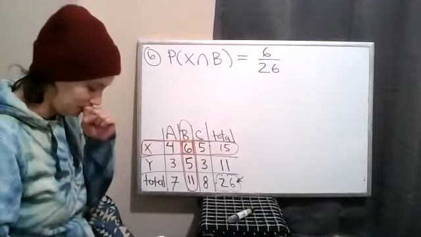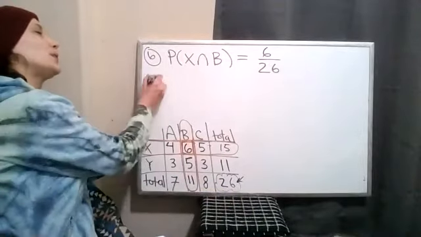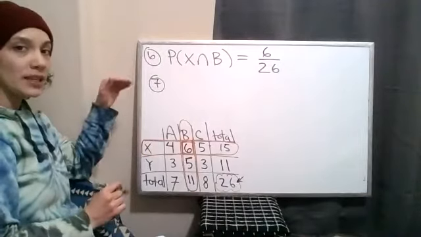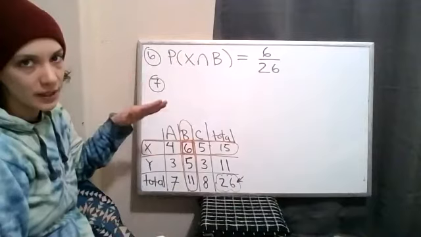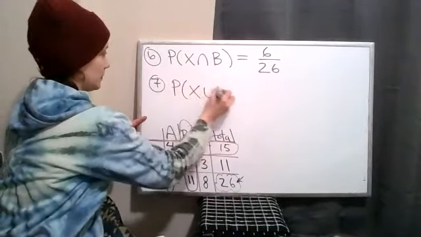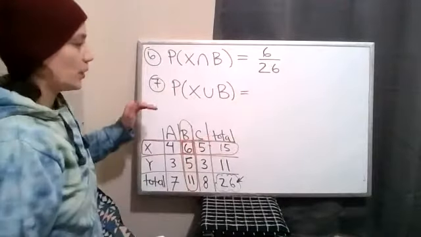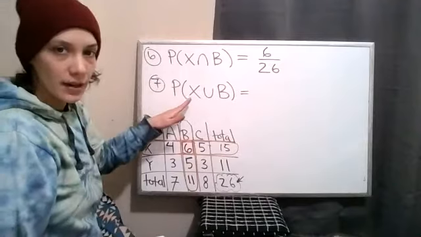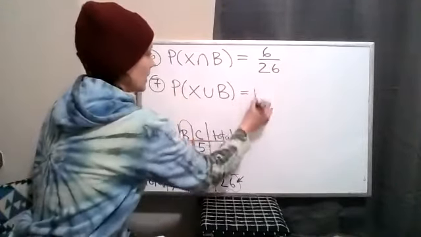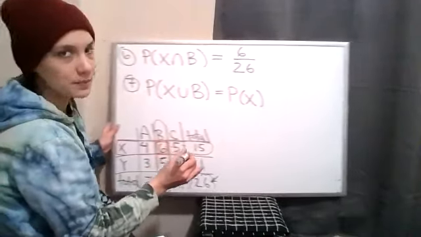Number 7. We want the probability of X union B. There's the formula, it's called the general addition rule.